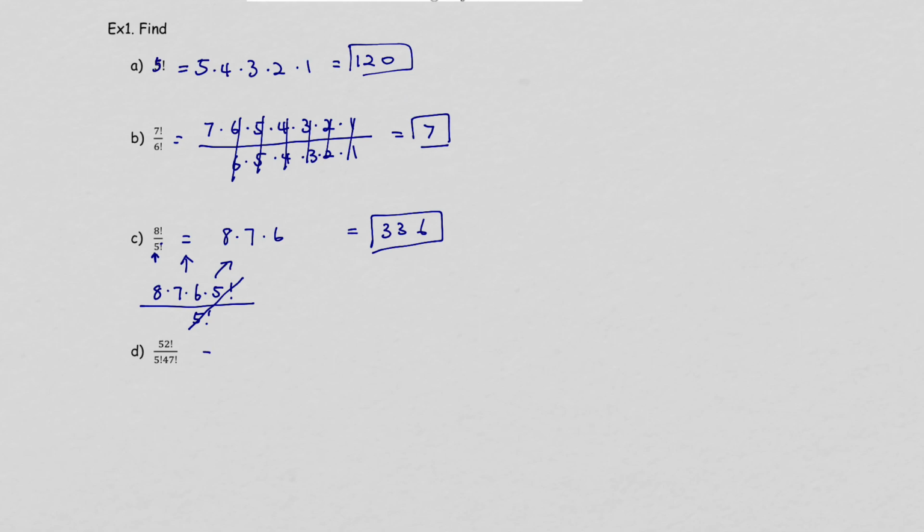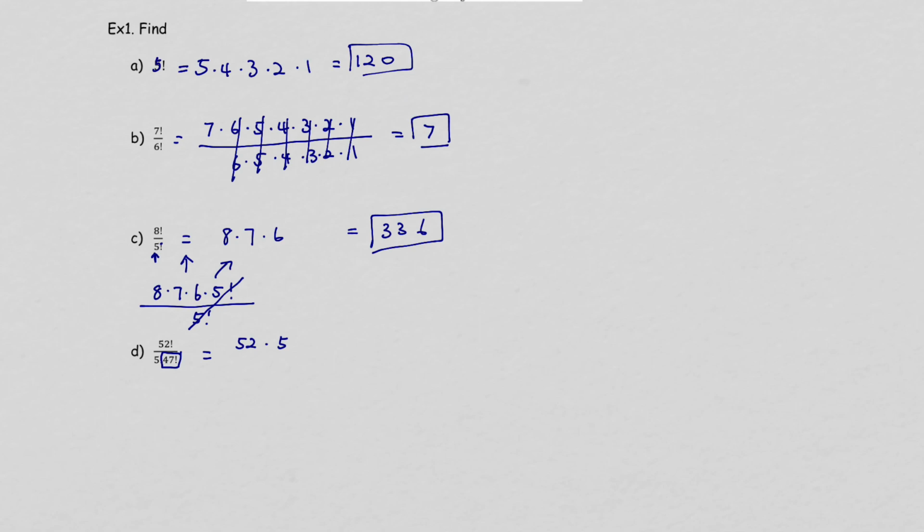Then if you have a factorial on the bottom, I will get rid of the larger factorial first. So it means 52 factorial: you only need to multiply all the way down to 48, because 47 factorial will cancel out the numerator.